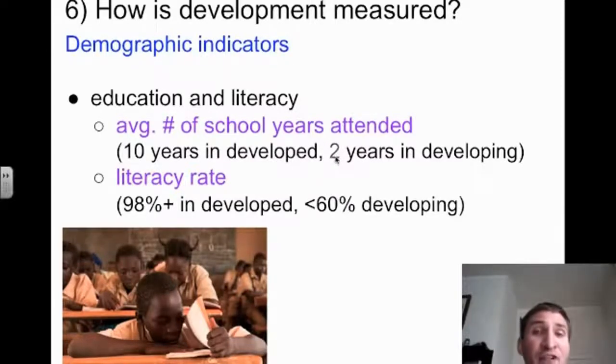If, on average, you attend school for 2 years, you live in a developing country. Also, literacy rate. If 98% or more of your country is literate, you're considered a developed country. If 60% of your country or less is literate, you're considered a developing country.